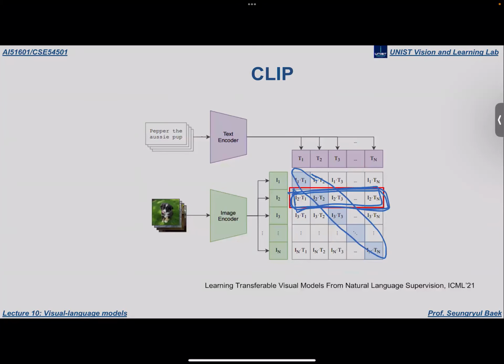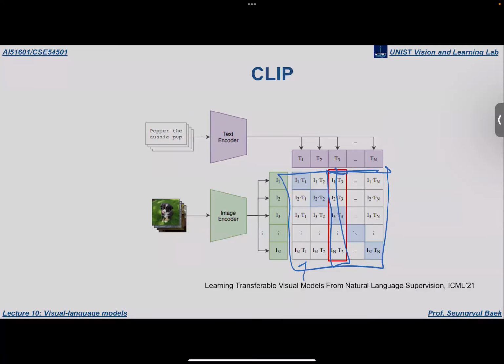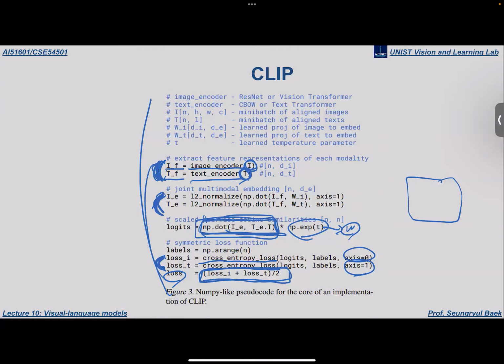So we apply cross-entropy loss for this direction first, for all of these rows, and then we apply cross-entropy for these columns, and averaging these two losses, we update our parameters. That's happening during the training step of CLIP.